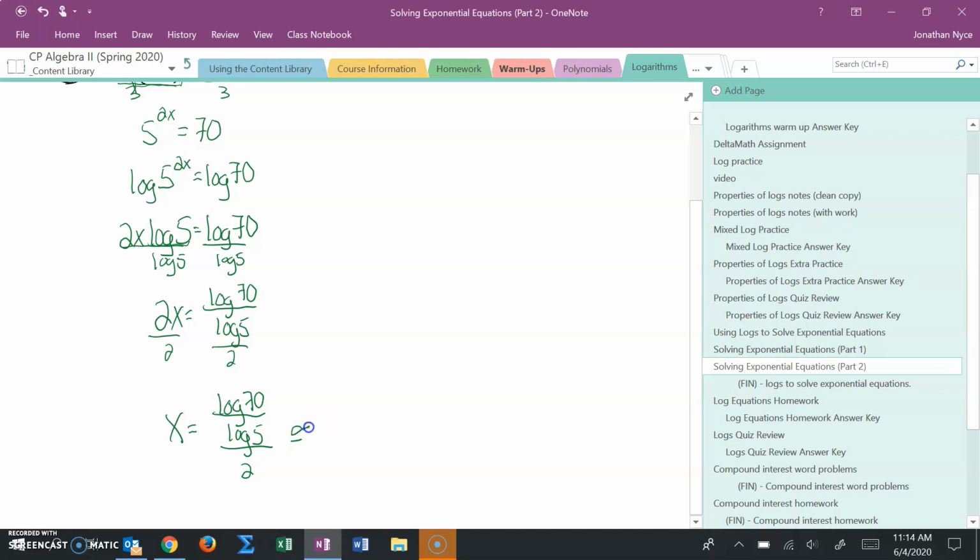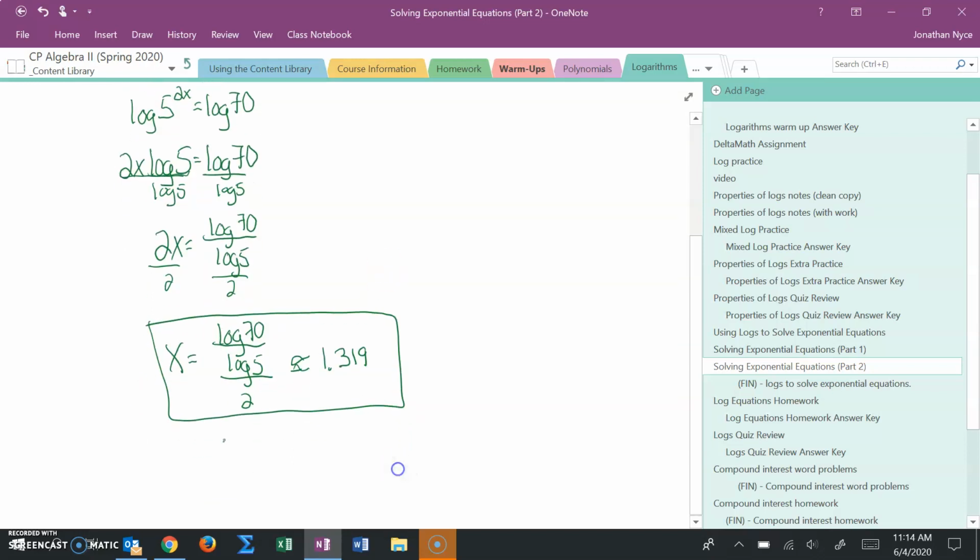That gives us 1.319. Again, remember, this is what you'll sometimes see referred to as calculator ready form. And then that 1.319 is your decimal approximation.